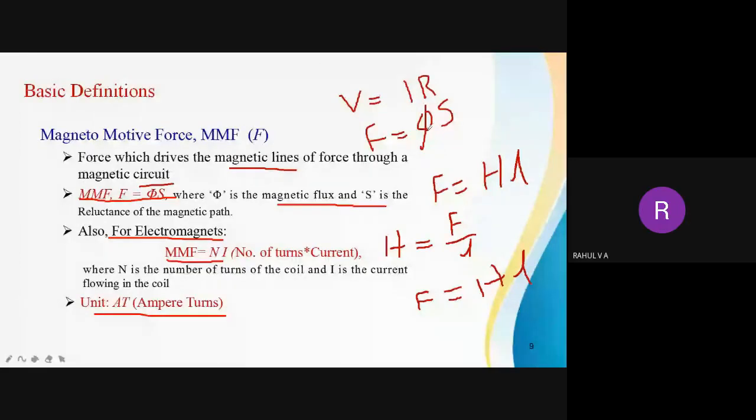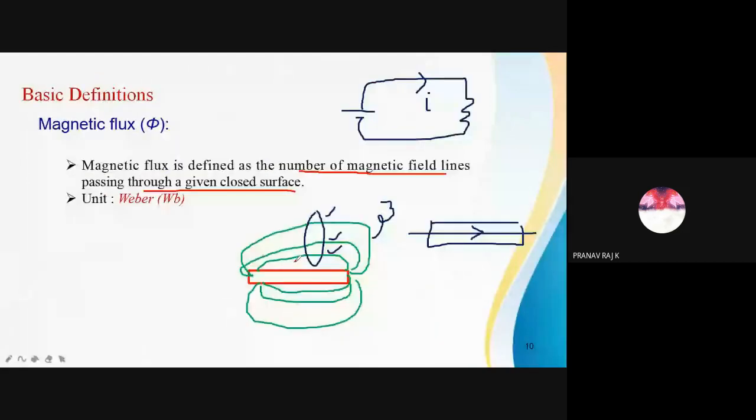What is magnetic flux? Magnetic lines passing through a given closed surface. So here there is a magnet. From north pole to south pole, we know that magnetic lines of force are flowing.